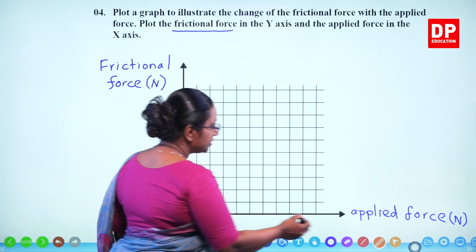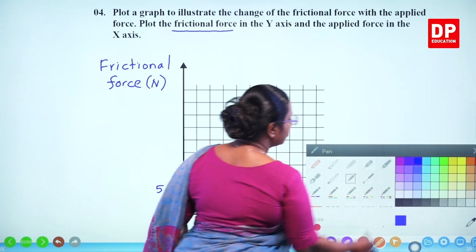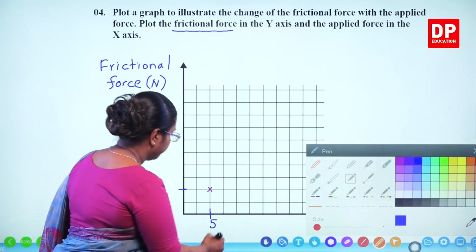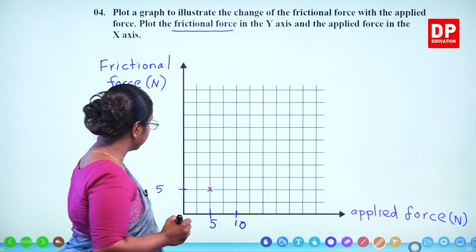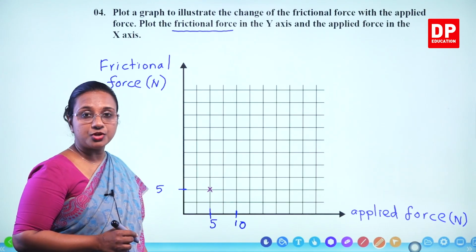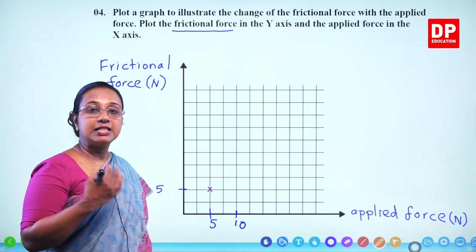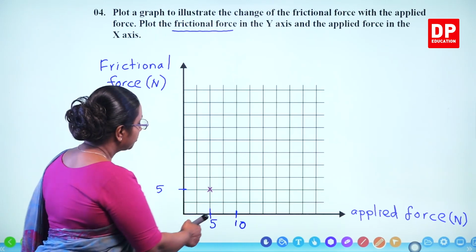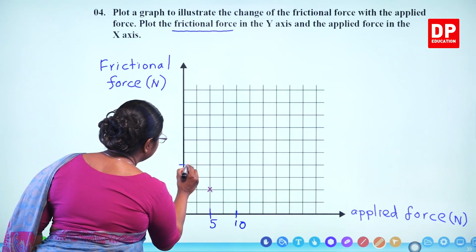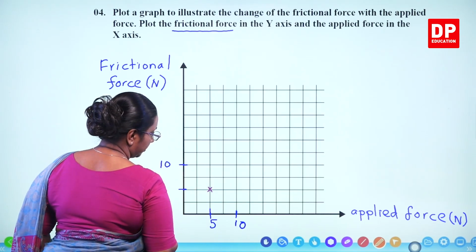Then what happens? We increase the force to 10 Newton. So here when we increase the applied force to 10 Newtons, the frictional force also increases. That is why still the block does not move. So the frictional force will be 10 Newton.